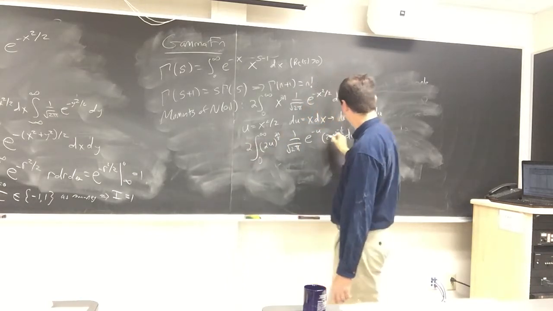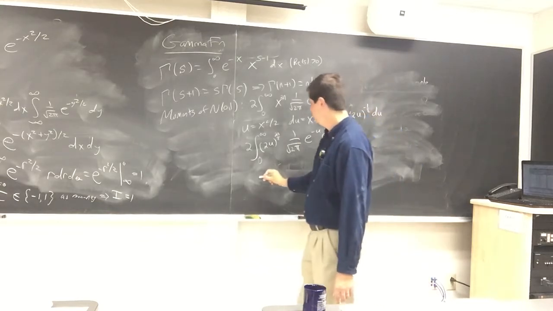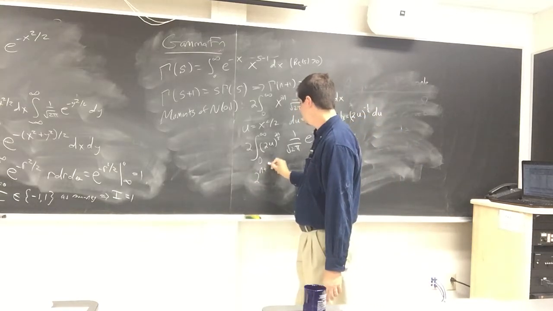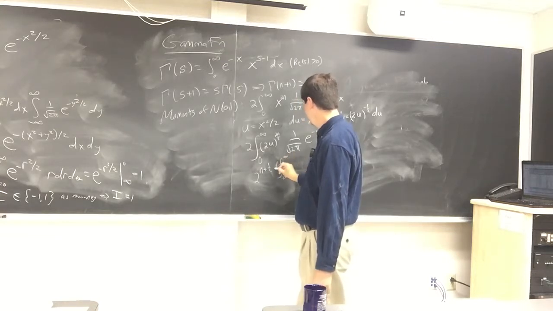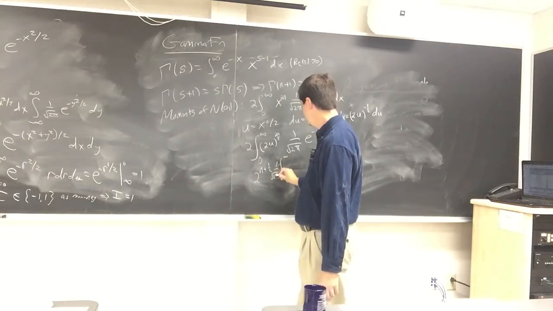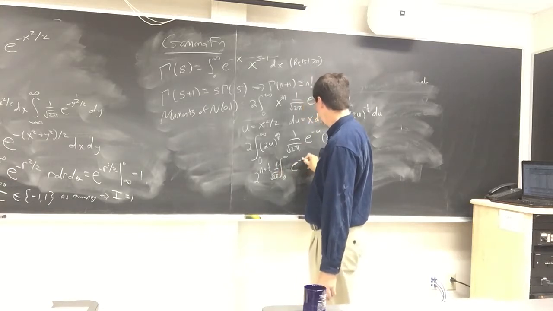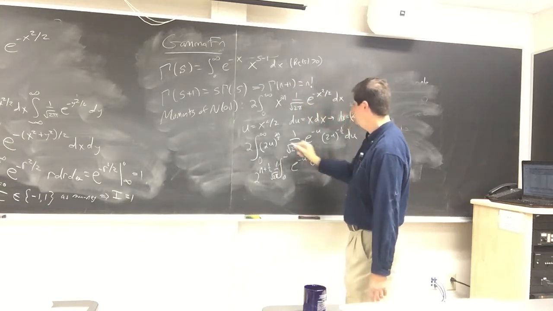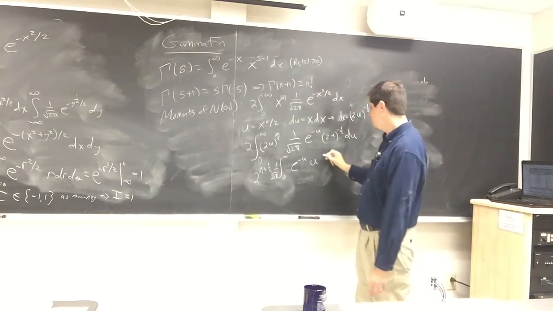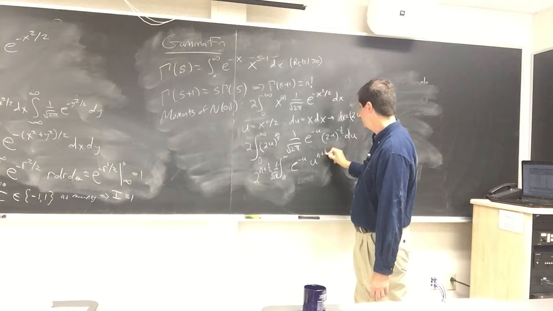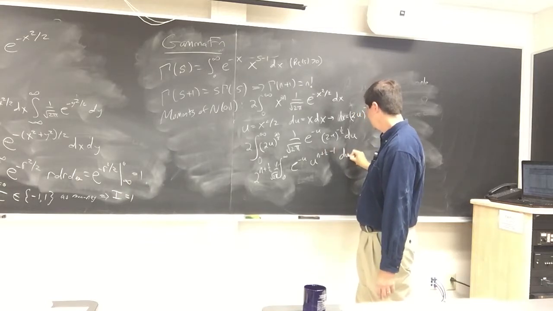I have a 2 here, and I have a 2 to the negative a half. So it'll be 2 to the n plus a half, integral from 0 to infinity. I have a 1 over square root of 2 pi, I guess, outside. e to the minus u. I have a u to the n minus a half.